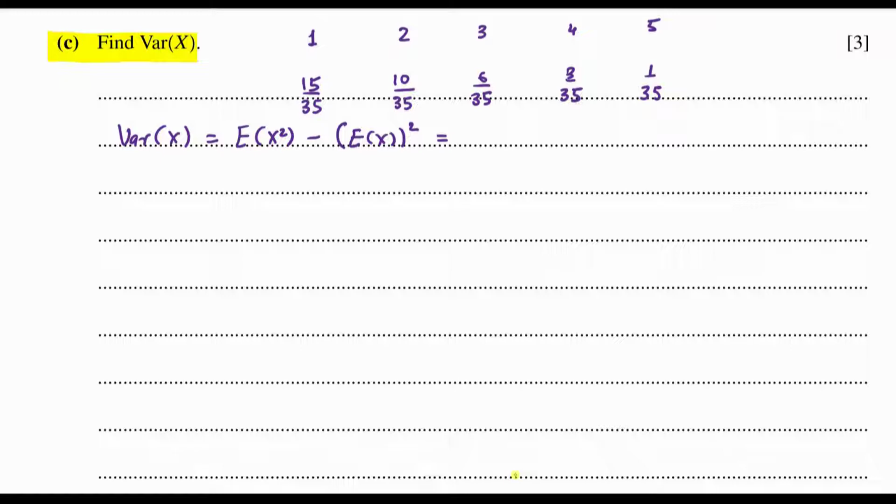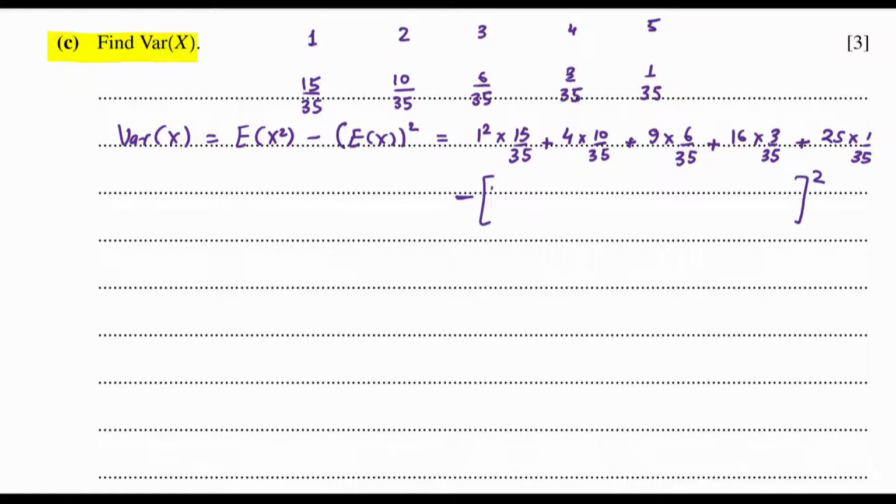Expectation of x square means 1 square into its corresponding probability, 15 over 35, plus 2 square, 4, into 10 over 35, plus 3 square, 9, into 6 over 35, plus 4 square, 16, into 3 over 35, and lastly 5 square, 25, into 1 over 35, and minus the square of the expectation.